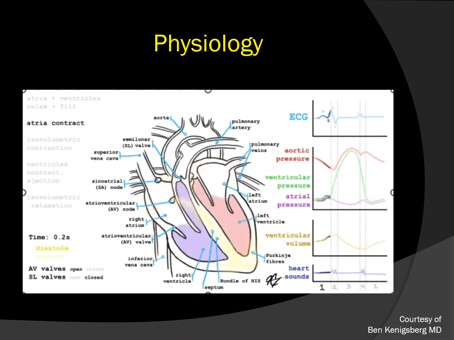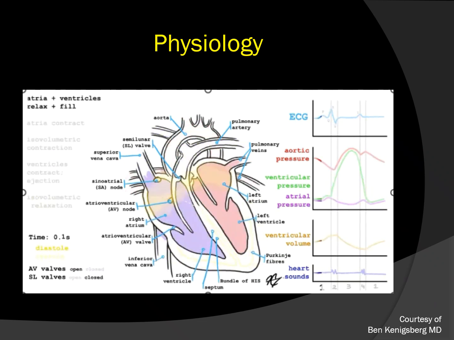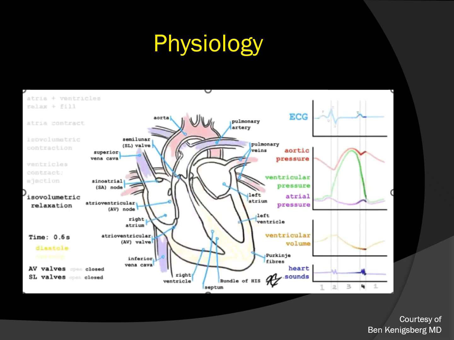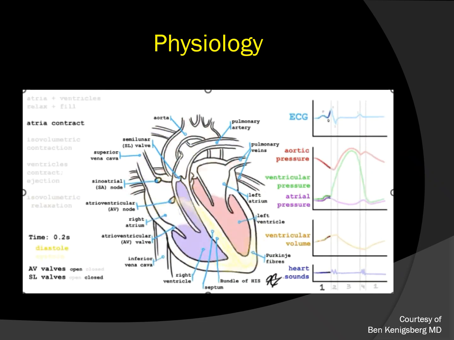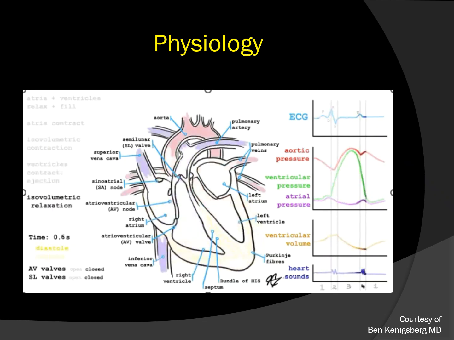On the second graph, the aortic pressure, there is a dicrotic notch that represents the end of systole when the aortic valve is closing and the beginning of diastole. This is the pressure point at which the intra-aortic balloon pump inflates.